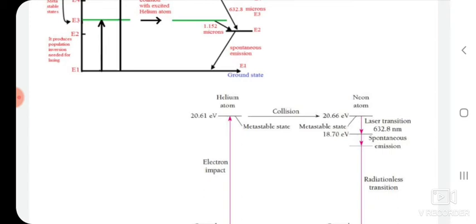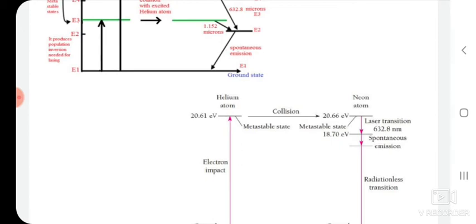The majority of He-Ne lasers generate less than 10 mW of power, but some can be obtained commercially with up to 50 mW power.